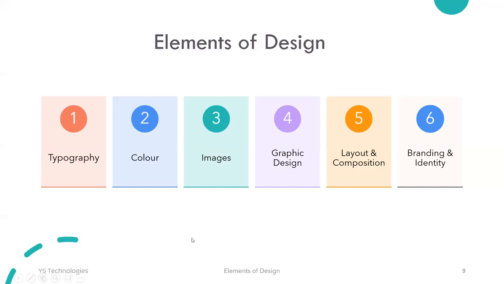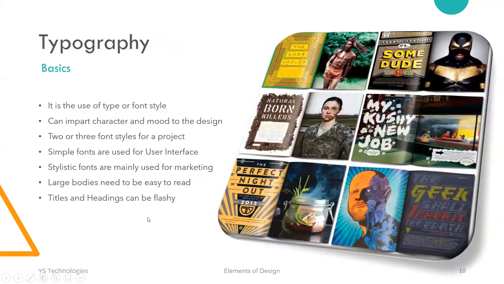Okay, let's look at these elements briefly, starting with typography. Typography is the use of type. Type as in the type which is used for printing, the letter blocks which were used in the early printing presses, which we now see as the different styles of alphabets.